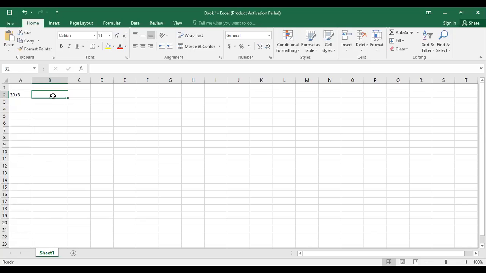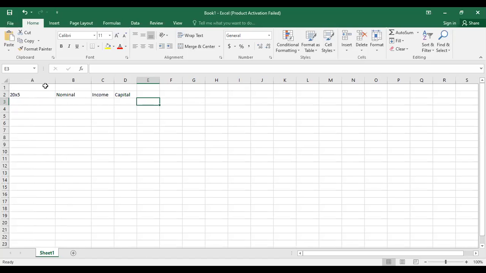Then we have the nominal value. Can you see my workbook? Then we have the income items, and then we have the capital items.